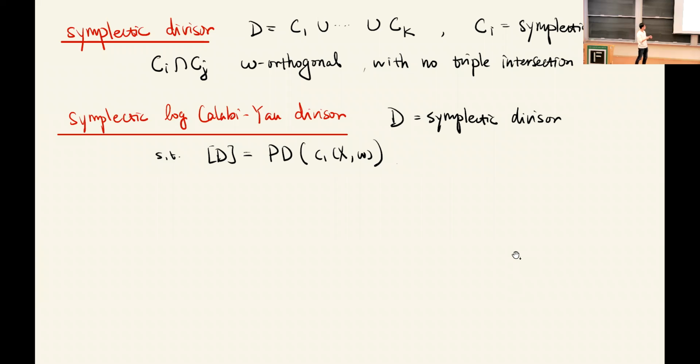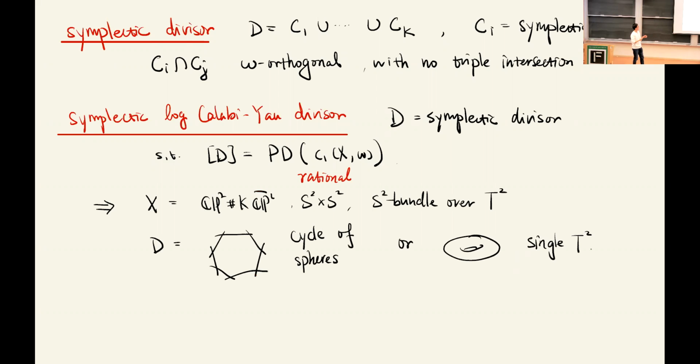To have a log Calabi-Yau divisor inside it, the symplectic manifold has to be either rational or elliptic ruled. By rational, it means it's either CP2 blown up at a few points, or S2 cross S2. Elliptic ruled just means it's a sphere bundle over a torus. The divisor is also very restrictive.